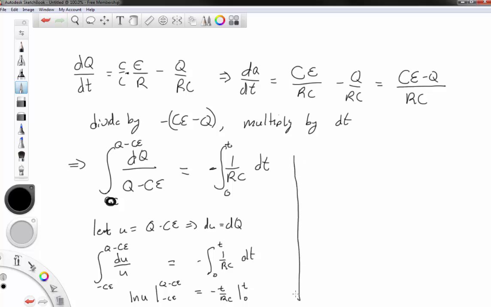So now that we have that, we can first of all evaluate. So the natural log of all this stuff basically gives us q minus C epsilon over C epsilon, and that's equal to negative t over RC, where we have made use of the fact that the log of a minus the log of b is equal to the log of a over b.